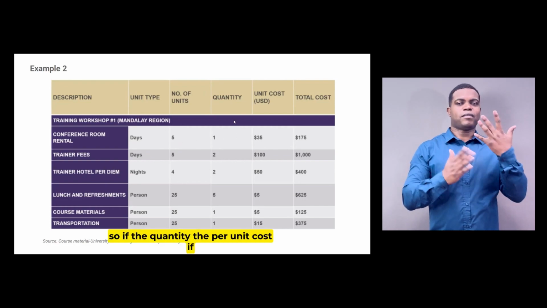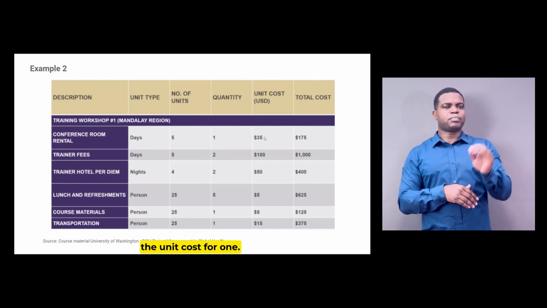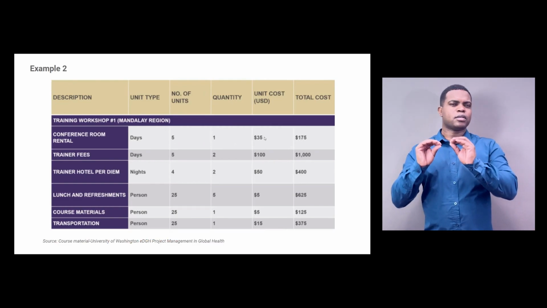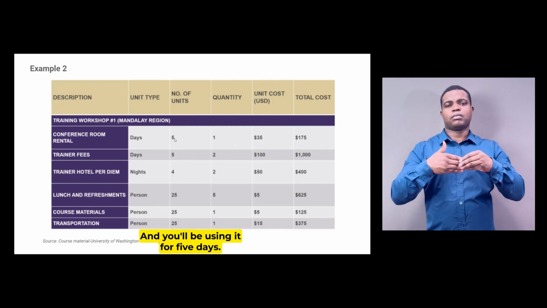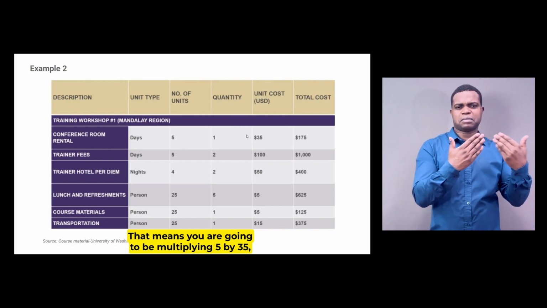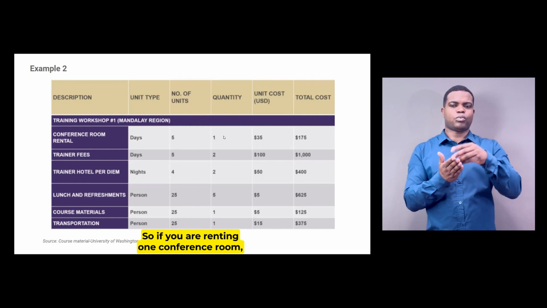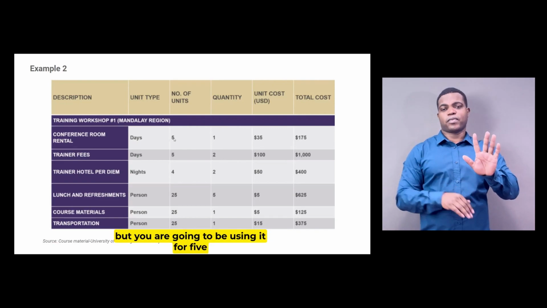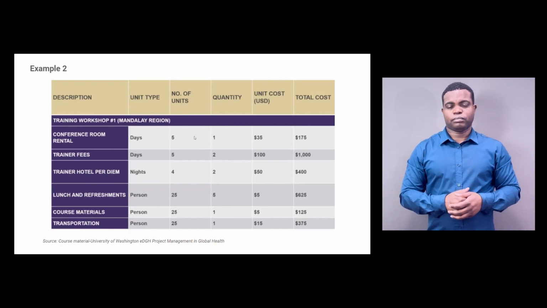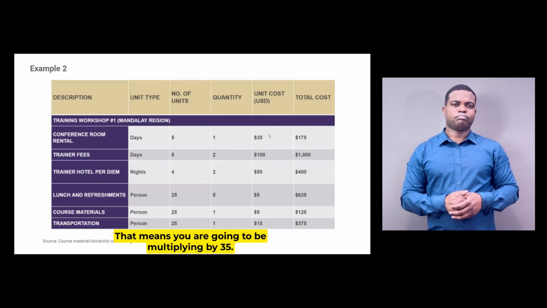If the per unit cost for one conference room is $35 and you'll be using it for 5 days, that means you are going to be multiplying 5 times 35, which will give us 175. So if you are renting one conference room for 5 days, and each day costs $35, you multiply by 35.